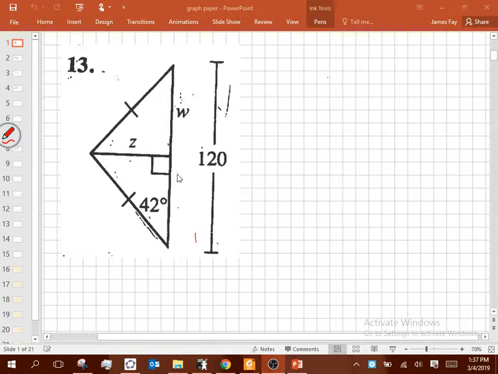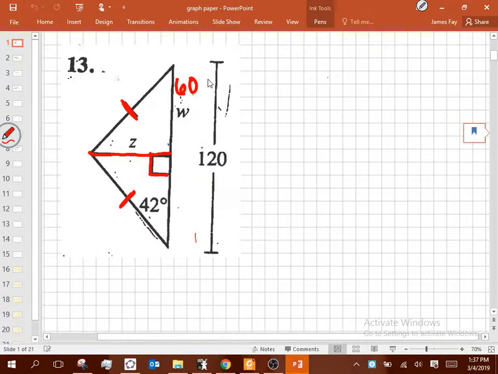In order to solve for W, I need to know something about this triangle here and the fact that it's a what kind of triangle? Isosceles. And this segment here, drawn from the vertex angle perpendicular to the base, does what to this 120? Bisects it. So W is 60 whatever units.